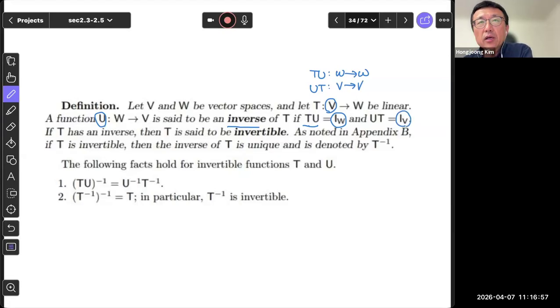Then we say U is an inverse of T. And if T has an inverse, then we say T is invertible.